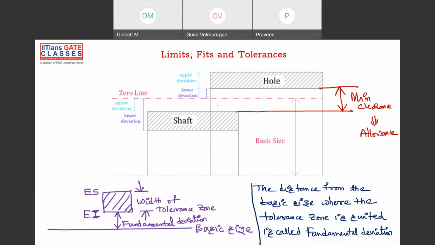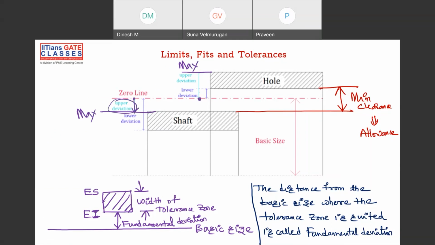So if you see it from the hole perspective, this is your lower deviation from the basic size, and this is your upper deviation from the basic size. If you see it the other way, for the shaft, this is the maximum value of the shaft. This is your maximum value of hole. So from the zero line to the maximum value of shaft is upper deviation.